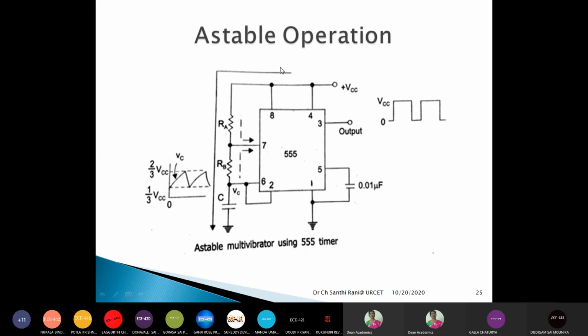Let me discuss the astable mode of operation of the 555 timer first. After understanding this, we shall calculate the frequency of oscillations, that is, the output frequency. After that I want you to do some problems.